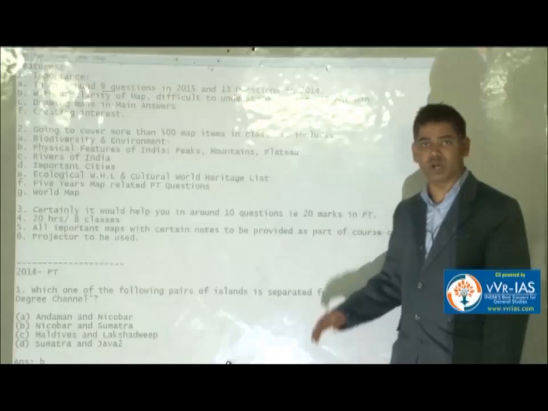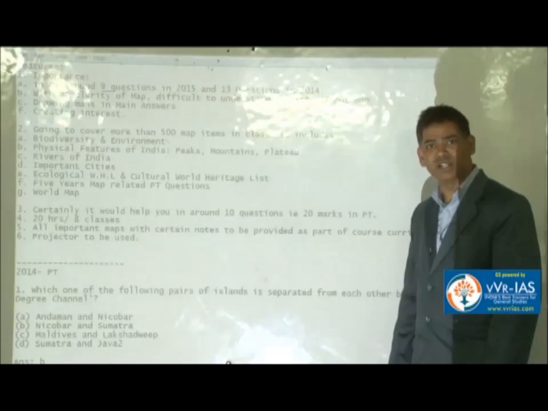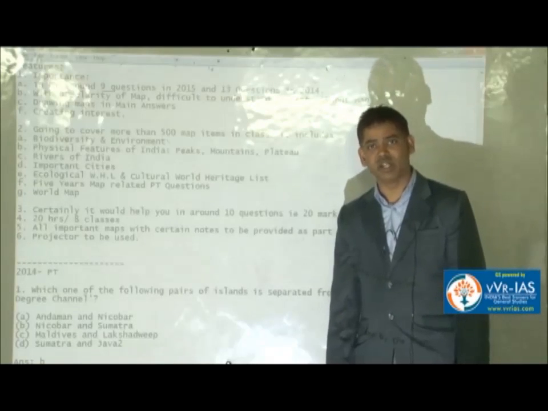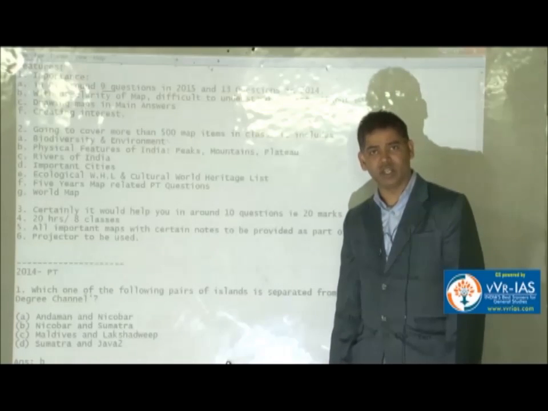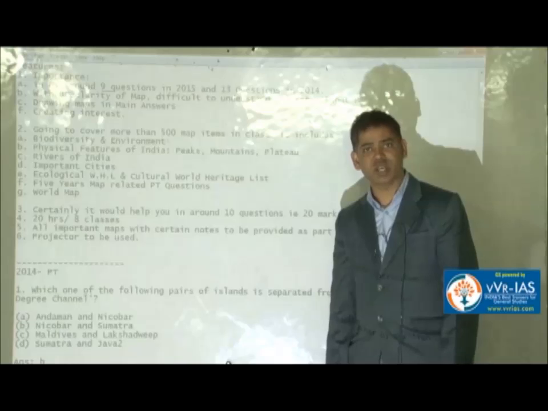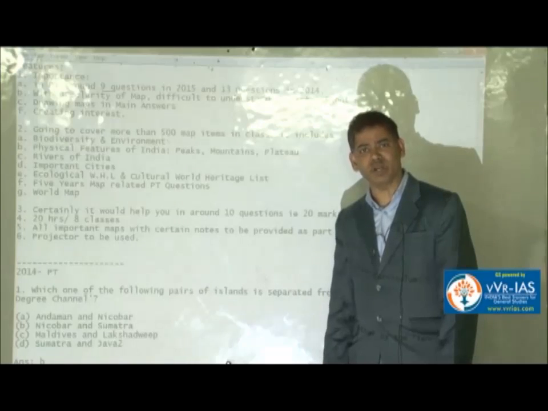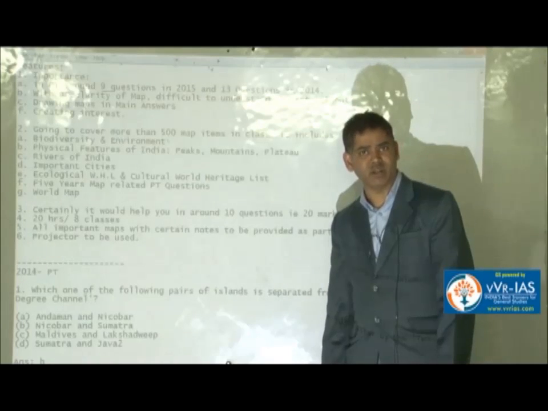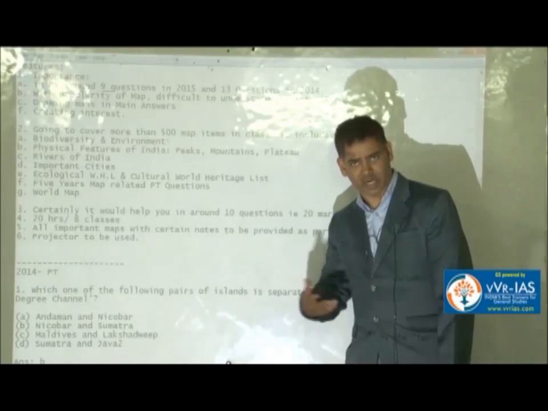After that, if you want to come to River Ganga. River Ganga is the most complex river system of India, and it also irrigates a big area of India, and the plain of the Ganga is called the grain bowl of the subcontinent of India. So this is the importance of the Ganga. Let me show you one very important map of the Ganga, but I will go into a very detailed discussion of the Ganga inside the class.